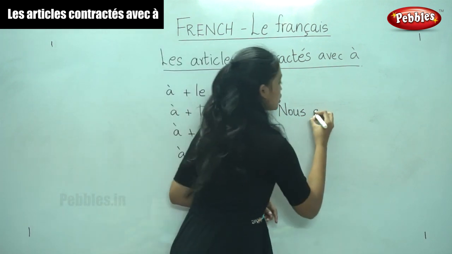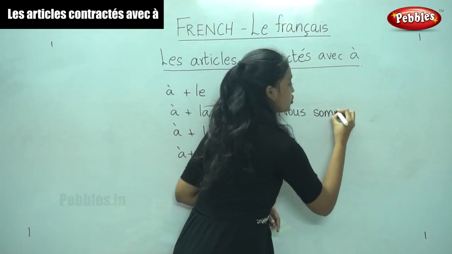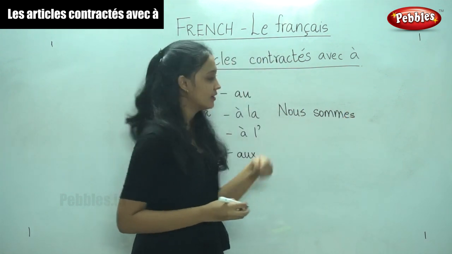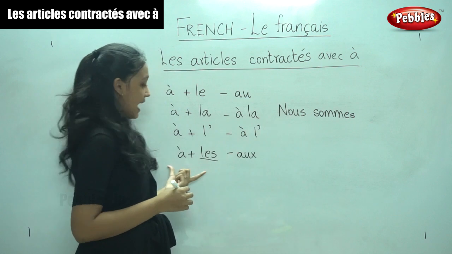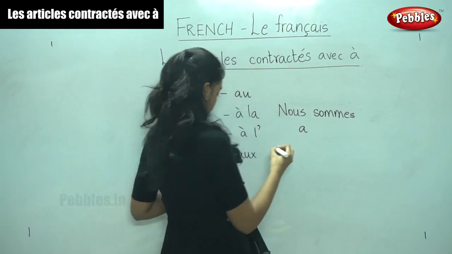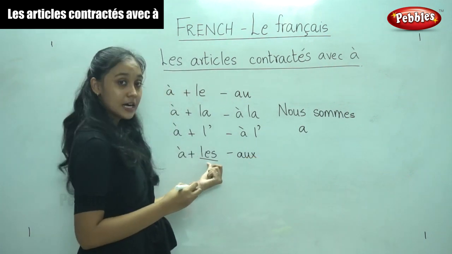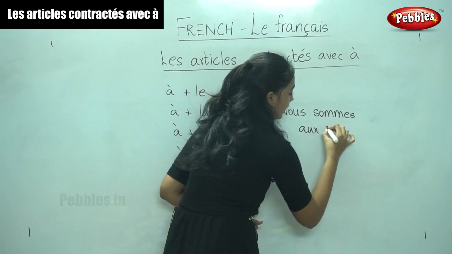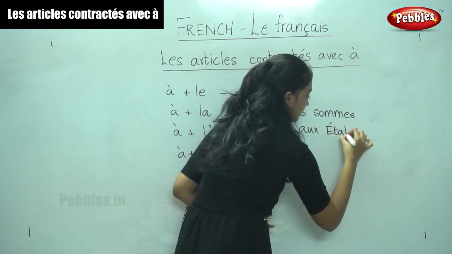It is nous sommes. Do you remember this? Nous sommes. We are. So now we are in the United States, we want to say. So when à and les come together, it becomes aux. Nous sommes aux États-Unis.